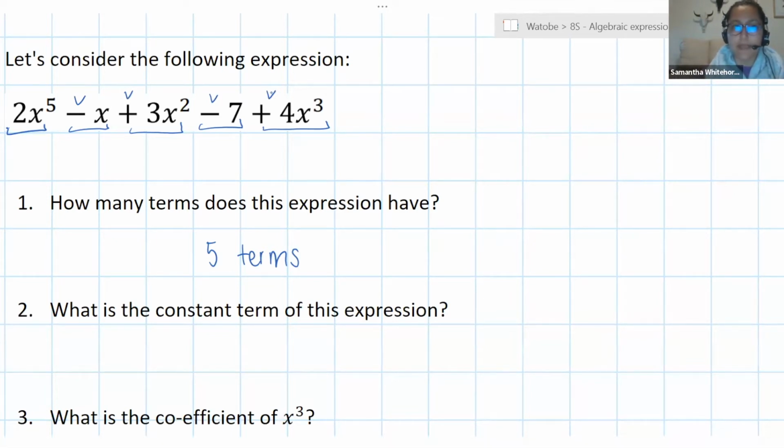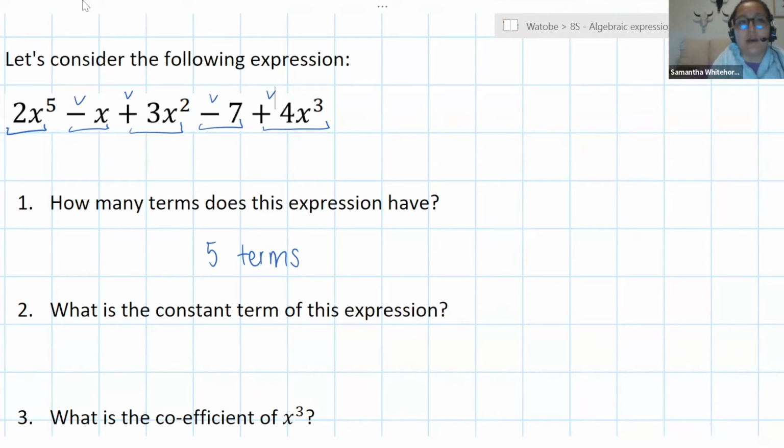Awesome, well done. So the next question is asking us, what is the constant term of this expression? Now remember, a constant is one that has no variable. Alrighty, so the other thing we need to remember is that each of those terms has its own sign.